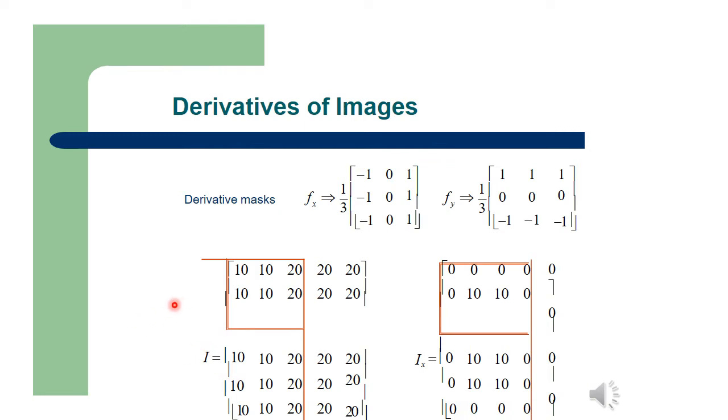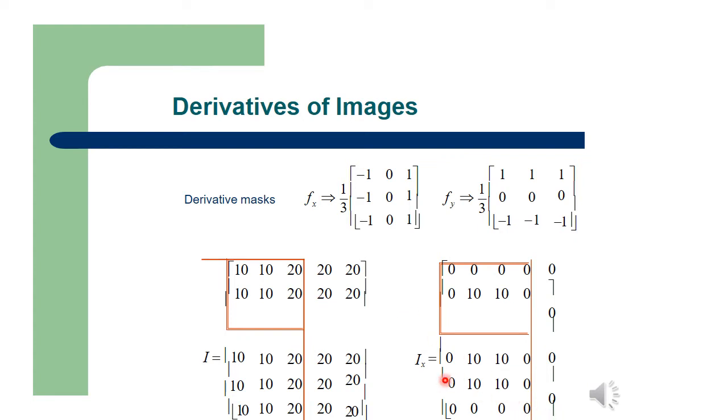We multiply the first row with -1 and the last row with 1, and after that we get 10 10 10. After summing them up we get 30, and when we divide 30 by 3, we get 10. So we replace this value with 10.